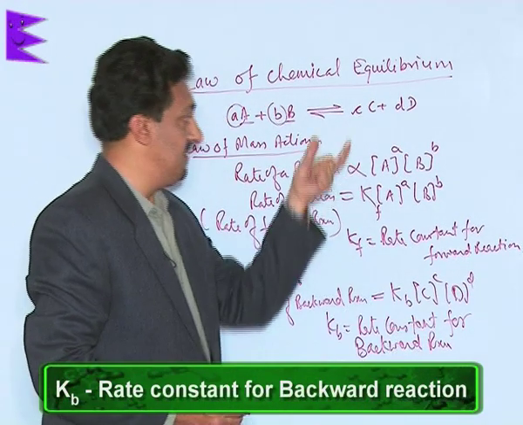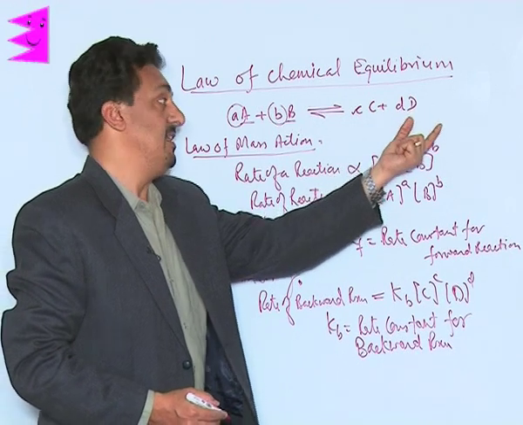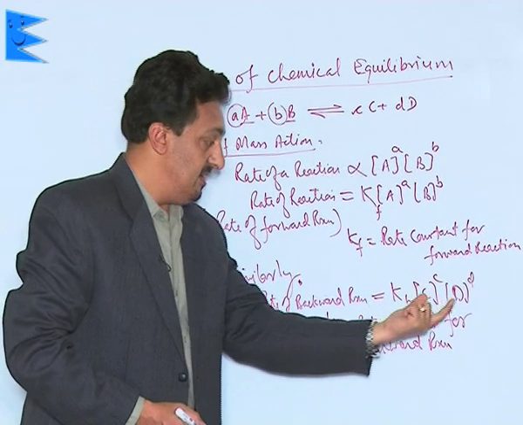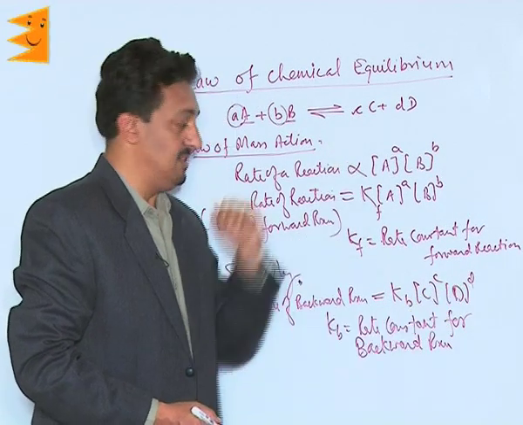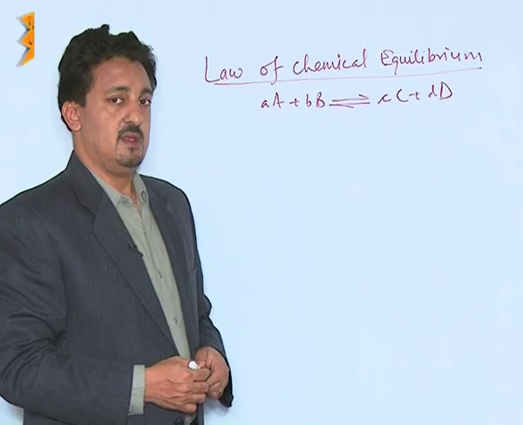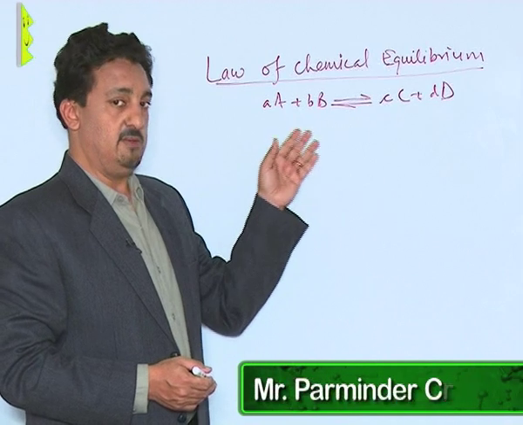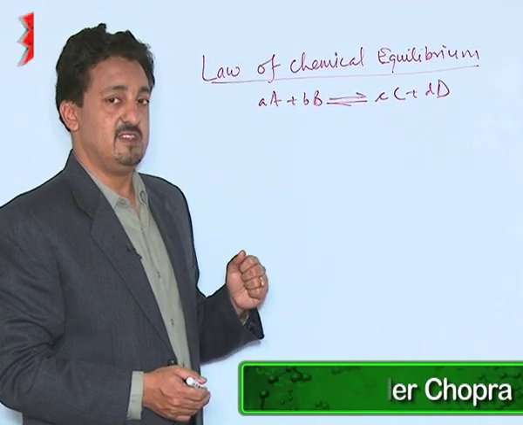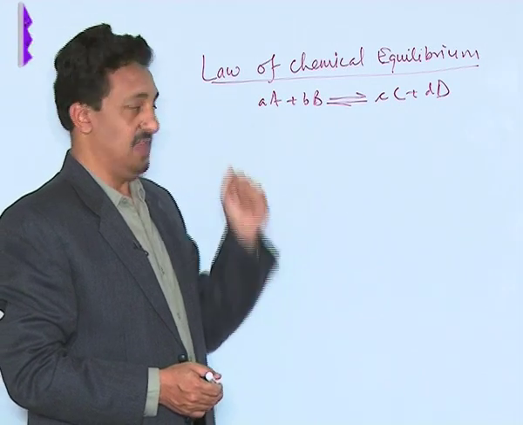What is C and D? The molar concentrations of the reactants, because now in the backward reaction C and D are your reactants. So molar concentrations of C and D raised to the power their stoichiometric coefficients. Now let us write down the expression for the state of equilibrium for this reaction. The law of mass action is used in writing down the expression for the equilibrium for this reaction.